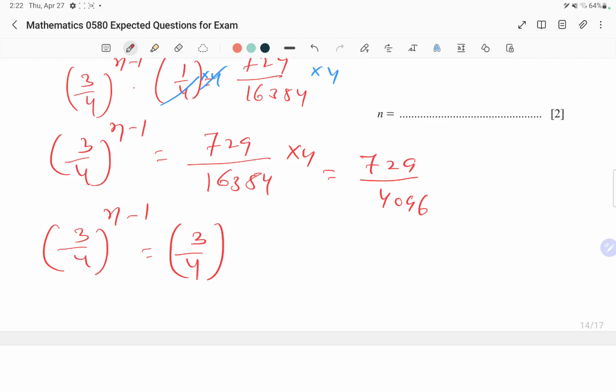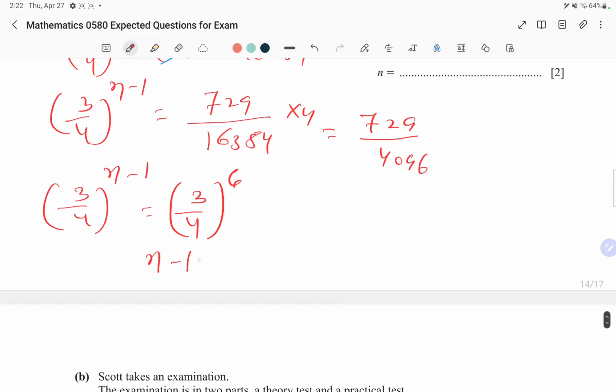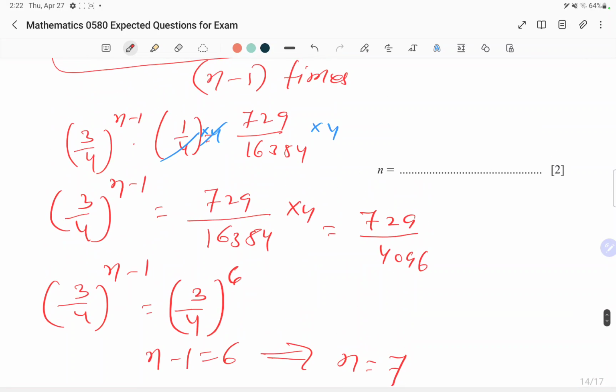If you don't get the answer for a given value, for example if I put 5, I get 243 over 1024, which is smaller, then I have to increase the power. When I put 6, I get 729 over 4096. So (3 over 4) to the power n minus 1 is (3 over 4) to the power 6. So n minus 1 equals 6, n equals 7. So here n should be 7.